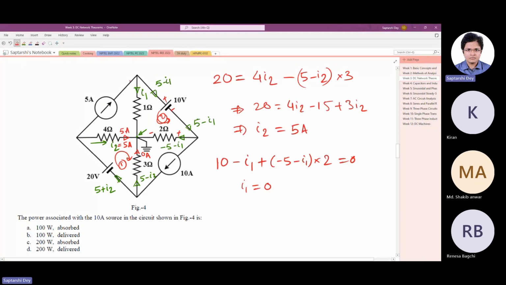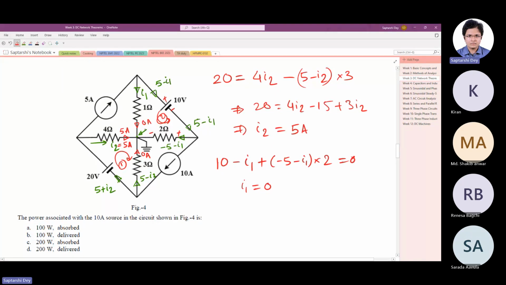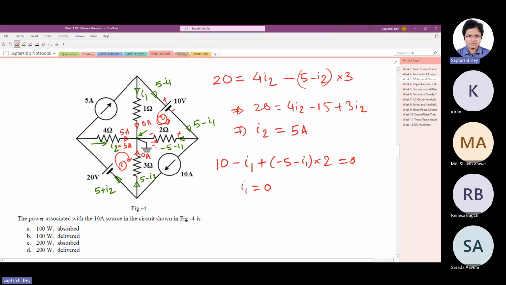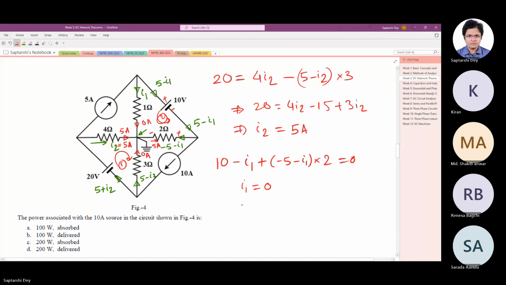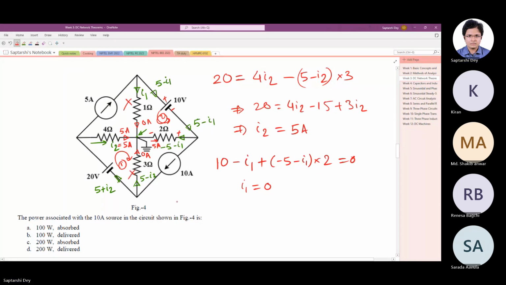If I1 is 0, then there is no current here also. And minus 5 ampere flows in this direction, means 5 ampere flows in this direction. So basically, this branch and this branch are not carrying any current. I1 will be 0.